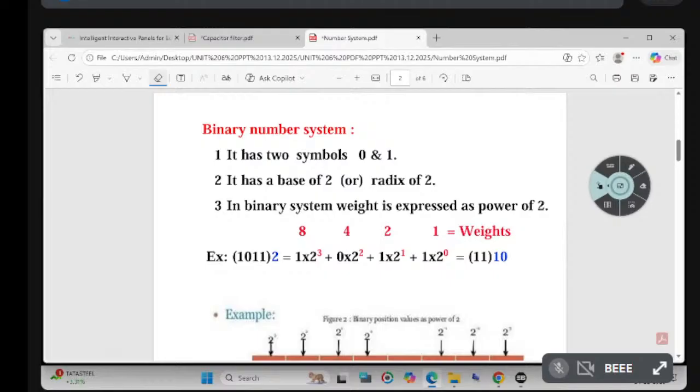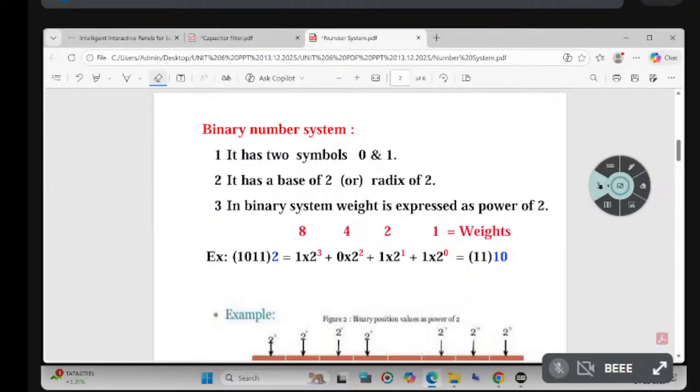For example, 1011 base 2, convert into decimal. 1011 base 2 is binary. Which number do we understand? Decimal. Then what do we do? The last one: 1 into 2 to the power of 0, plus 1 into 2 to the power of 1, plus 0 into 2 square, plus 1 into 2 cube, which is weight 8.